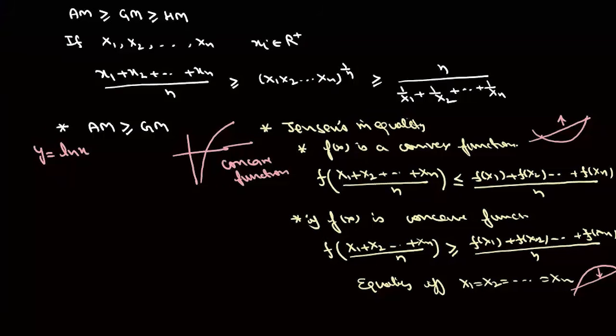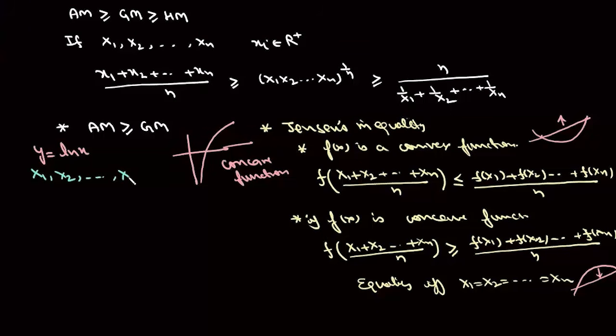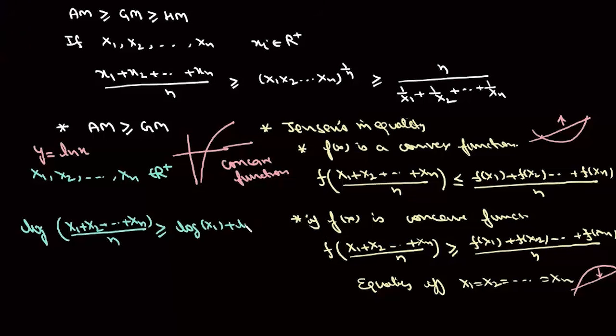So for these n positive numbers, x1, x2, xn, which are positive real numbers, we can write log((x1 plus x2 plus xn) whole divided by n) will be greater than or equal to (log x1 plus log x2 up to log xn) whole divided by n.